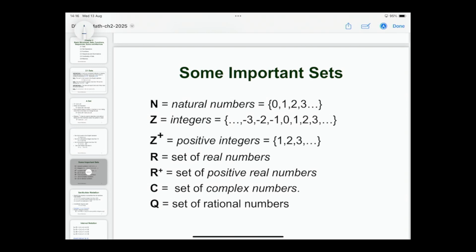If we have the plus sign on top, a superscript, that means positive integers. R stands for the real numbers. R plus is the positive real numbers, which does not include 0. C is the complex numbers, and Q is for the rational numbers.